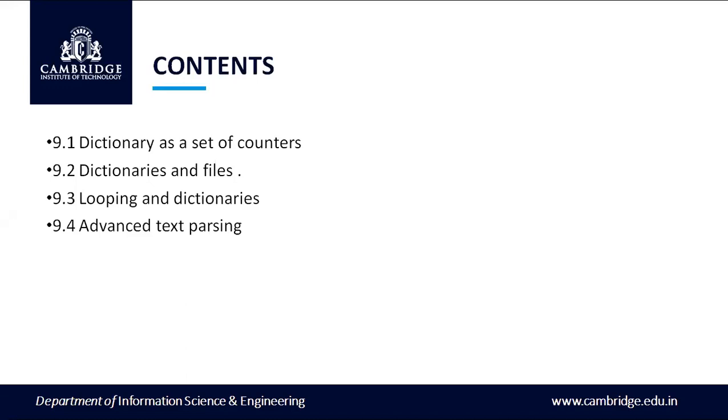This chapter deals with the concepts of counters, where the frequently occurring words are counted and the count is returned, and also dictionaries and files concepts, using the looping concepts in dictionaries, and advanced text parsing using maketrans. So these are the contents from the chapter dictionaries. So let us start the chapter dictionaries.